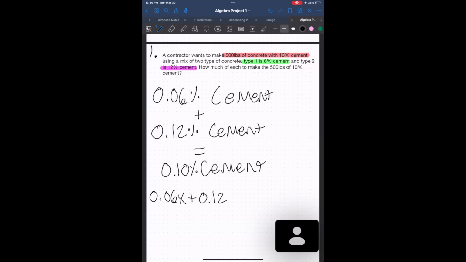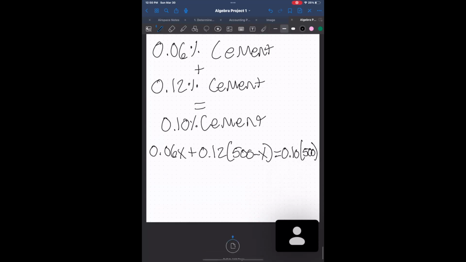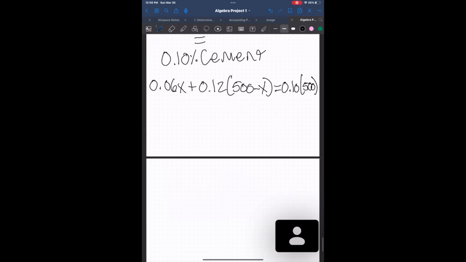Because we're adding these, times 500 minus x equals 0.10 times 500. Okay. So just like we did before, we're going to simplify these. And 10% of 500 is going to be 50.